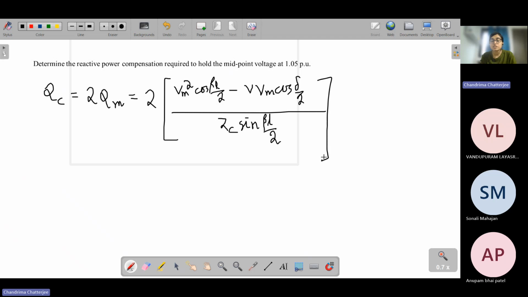This is the expression of the compensated reactive power, the compensation that is required.